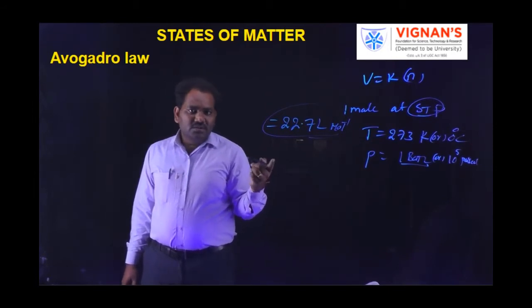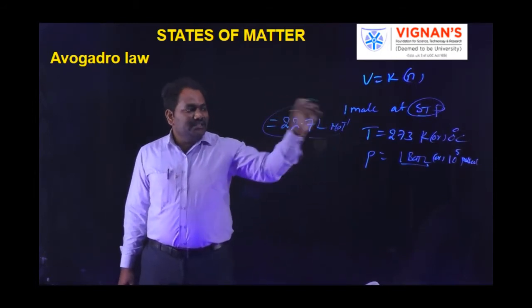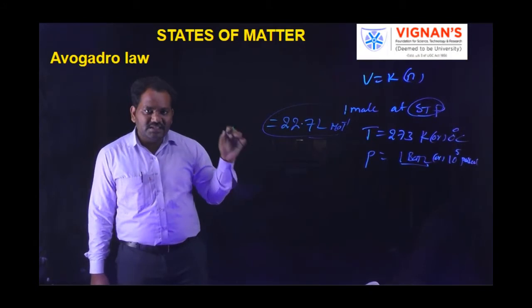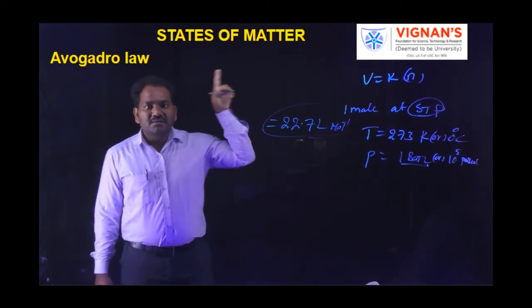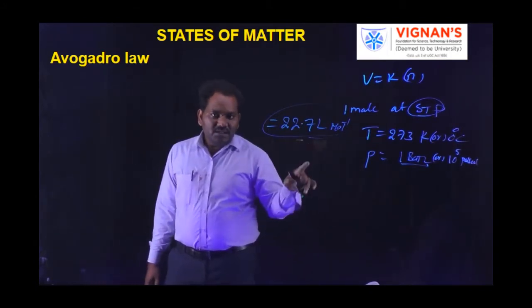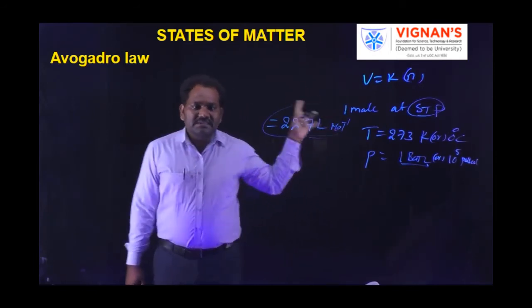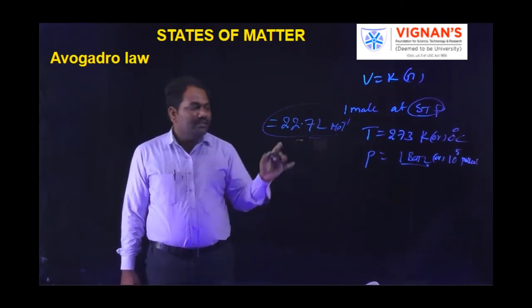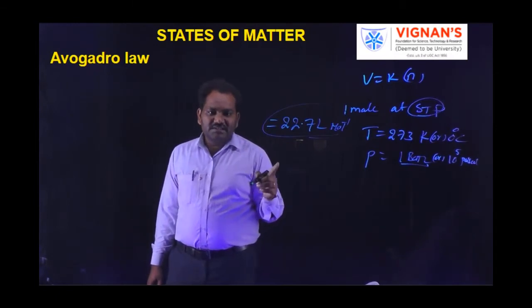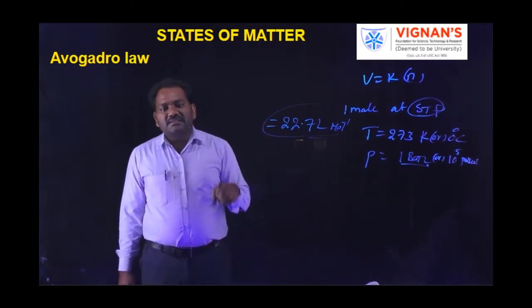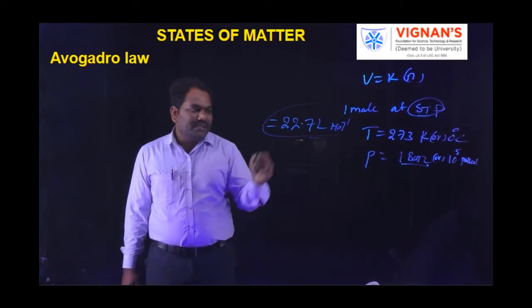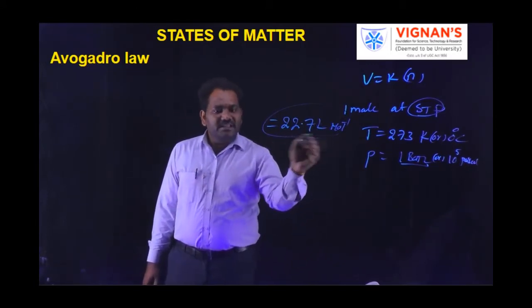Understood? So at STP condition, STP means standard temperature and pressure, the values are equal to the freezing point of water, or that is nothing but the pressure and temperature of sea level. At these conditions, any gas with 1 mole of substance occupies nearly 22.4 liters.